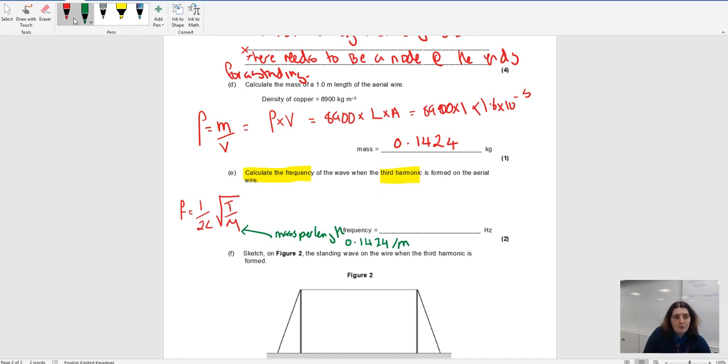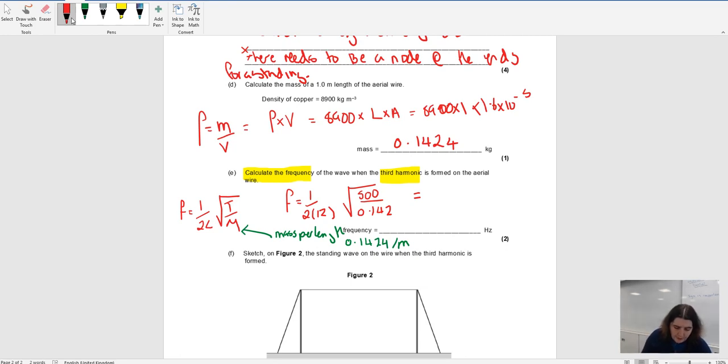Okay, so I can work out the frequency of the first harmonic with all the information I've got. So I've got 1 over my length, which is of course 12 meters, times the square root of the tension, which is 500 newtons, divided by 0.142. So I've got 500 divided by that, the square root of that, and times by 1 divided by 24.